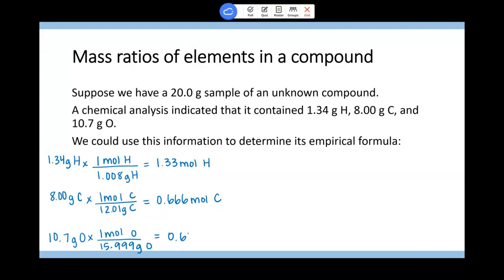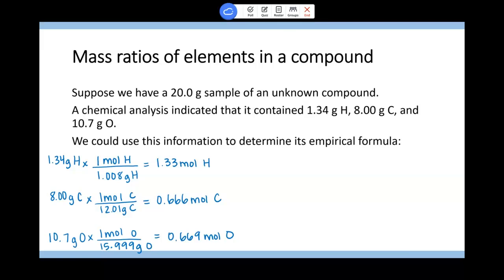And that's 0.669 moles of oxygen. So what we've calculated here is the molar ratio of all 3 of these atoms in this unknown compound.